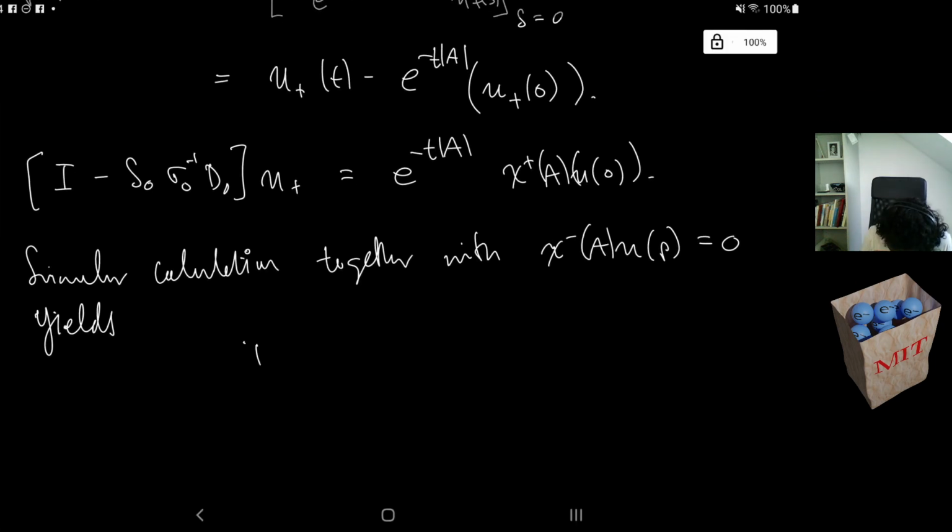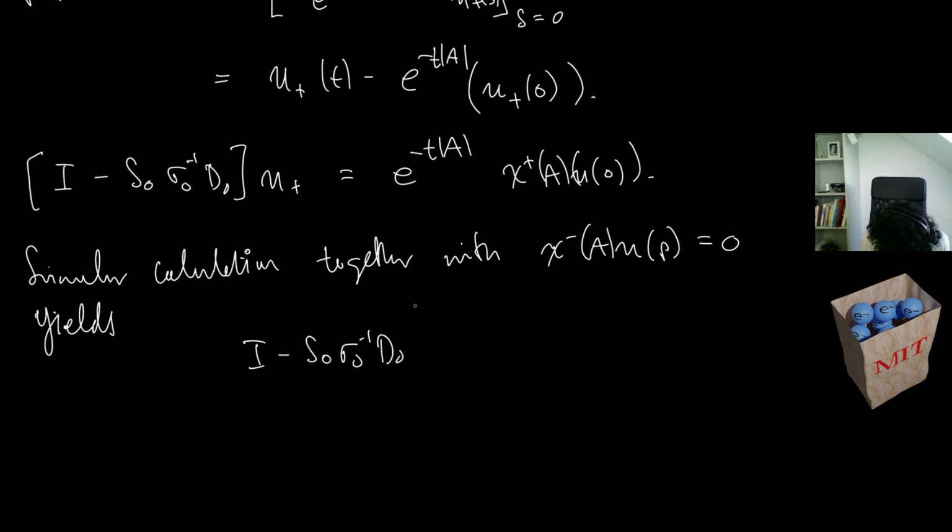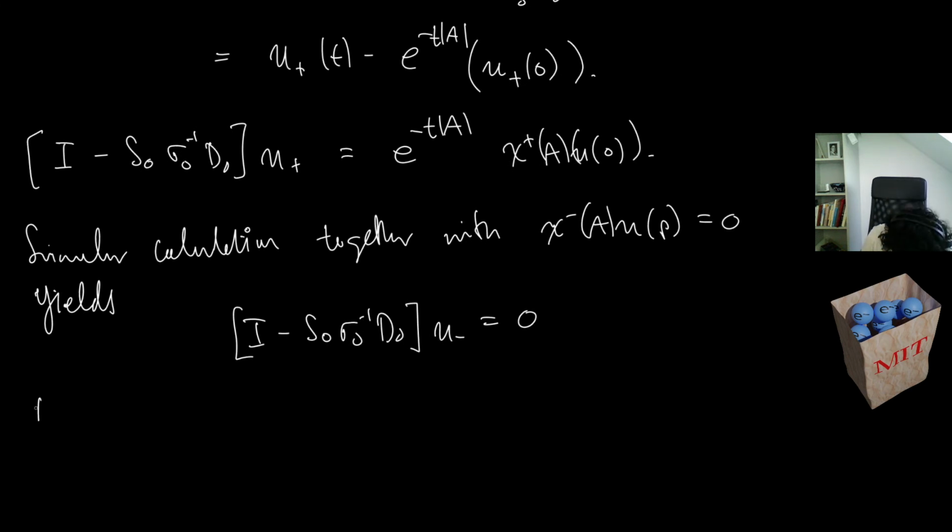We get that I minus s naught sigma naught inverse d naught of u minus is actually equal to 0. And then together we obtain 1.